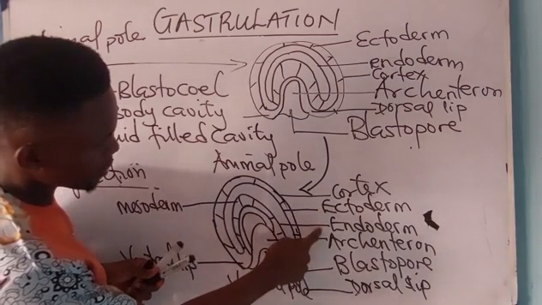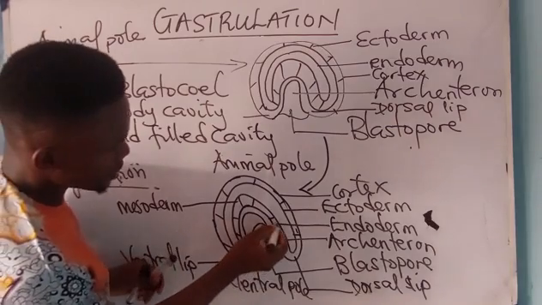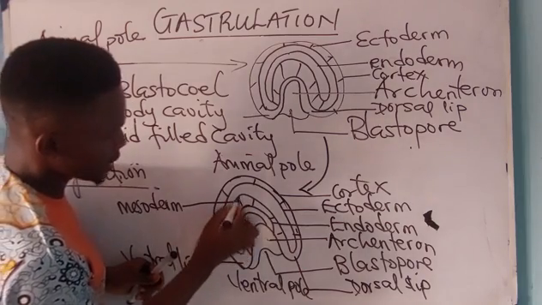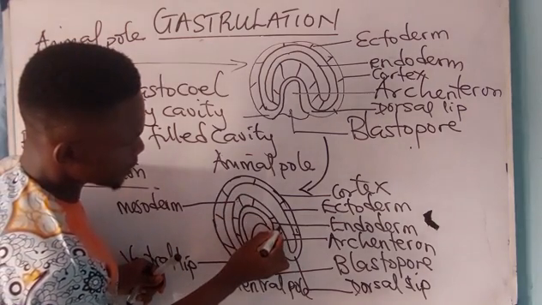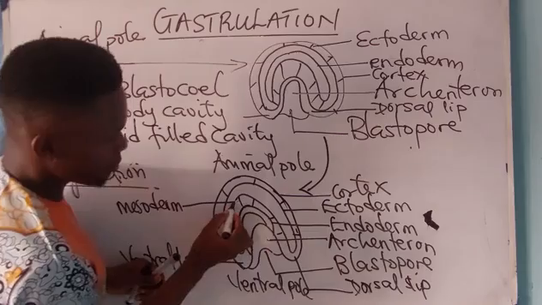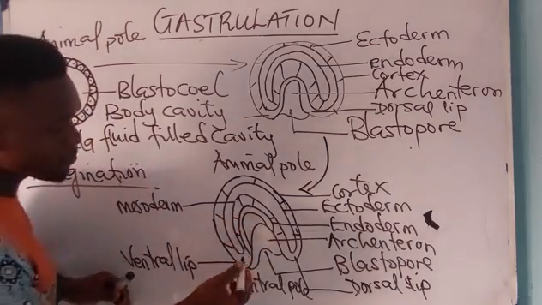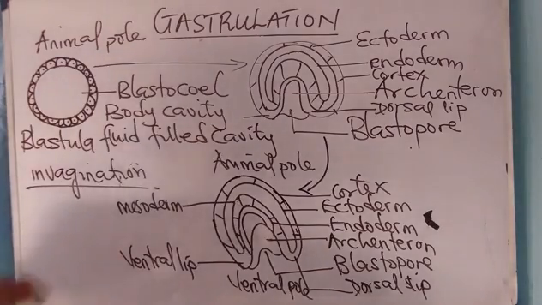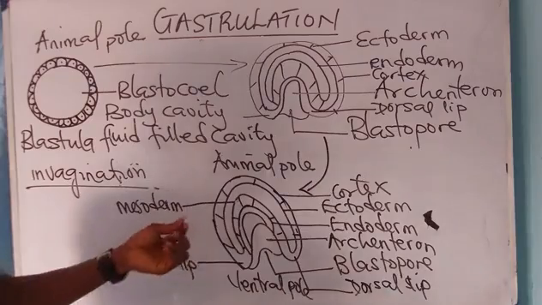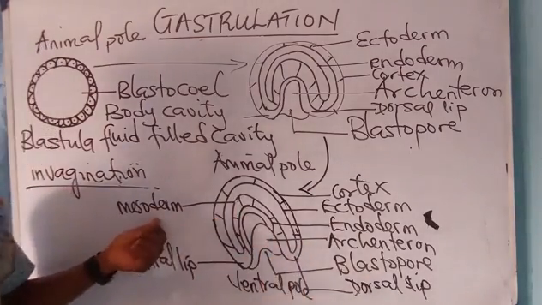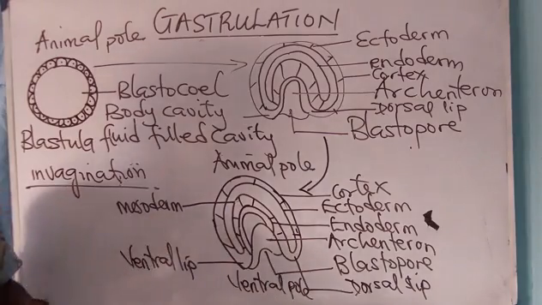The endoderm. Look at the line here. It is found between the ectoderm and the endoderm. Mesoderm is just found at the roof of what? The archenteron. So this is the life cycle of gastrulation. And at the roof of the archenteron, I said, lies the mesoderm. Take note of that.